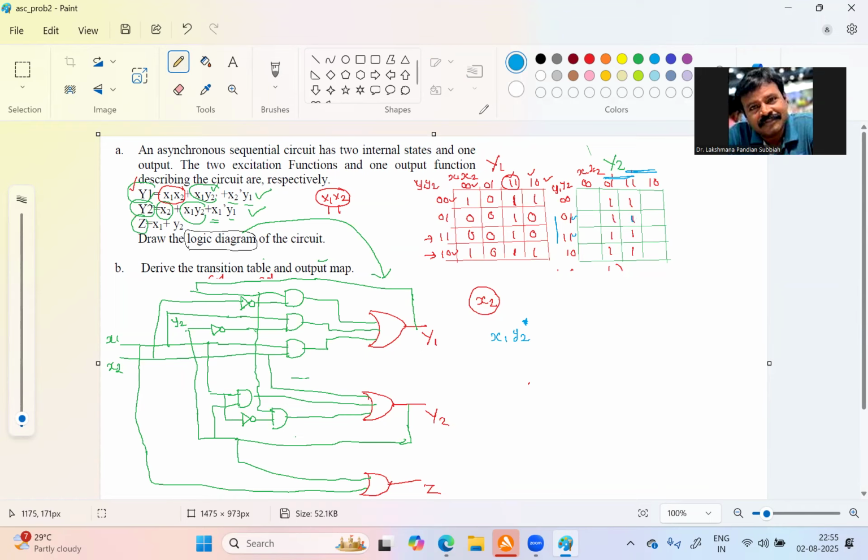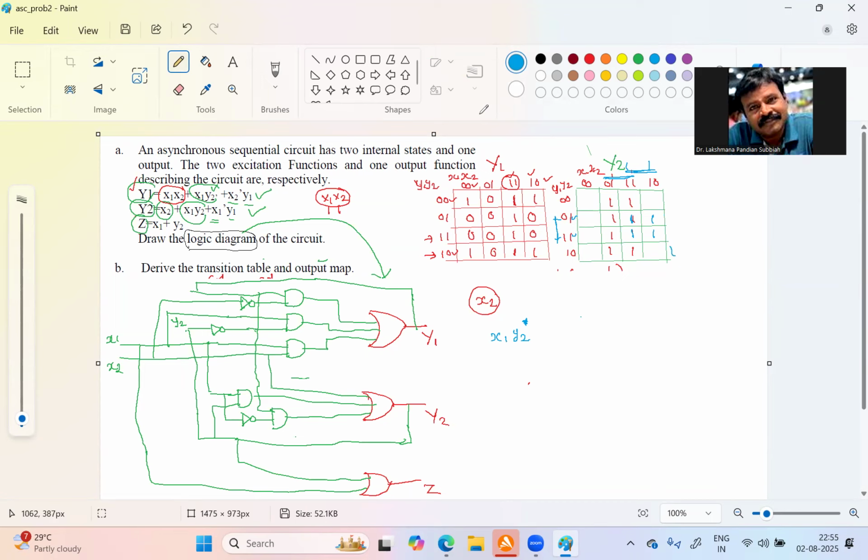This one is already 1. So we are filling now these two columns and two rows.